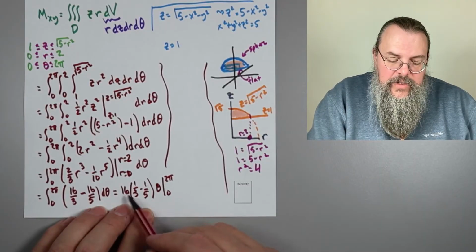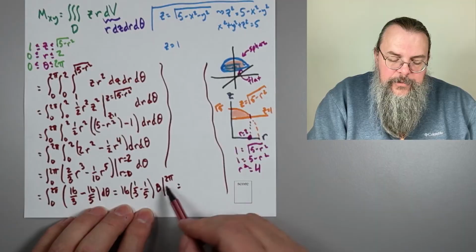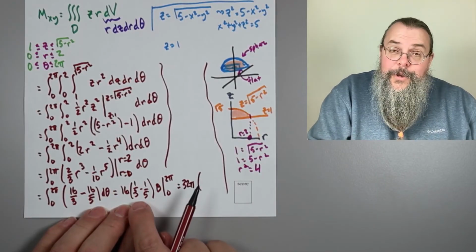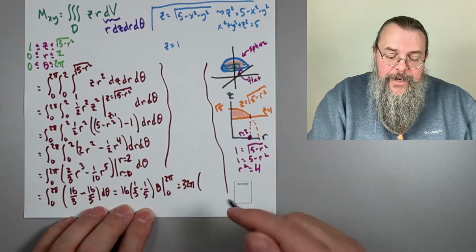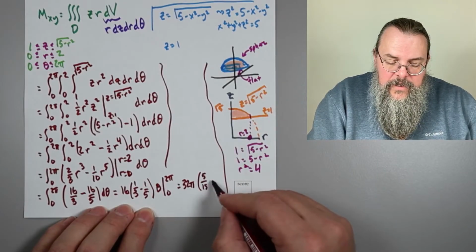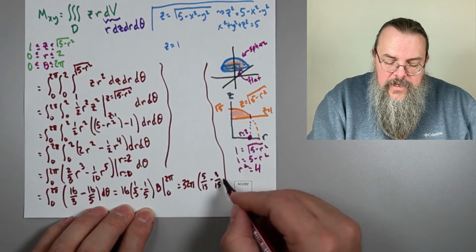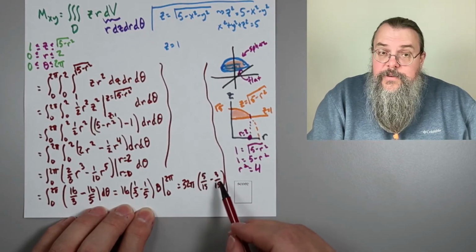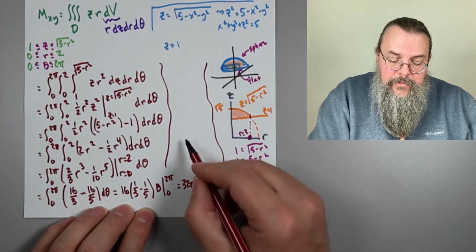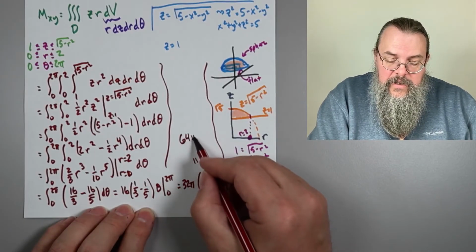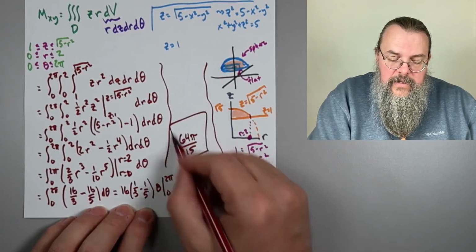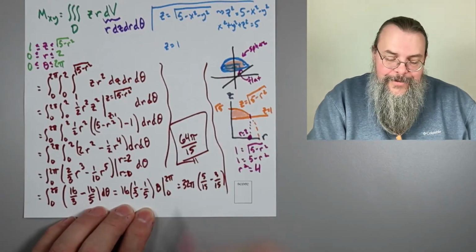We already have a 16, and so 16 times 2 pi makes 32 pi. 1/3 minus 1/5, common denominator would be 15. So you'll get 5 over 15, subtract 3 over 15, which becomes 2 over 15. You say, okay, well 2 times 32 pi makes 64 pi, and over 15, and we have an answer.